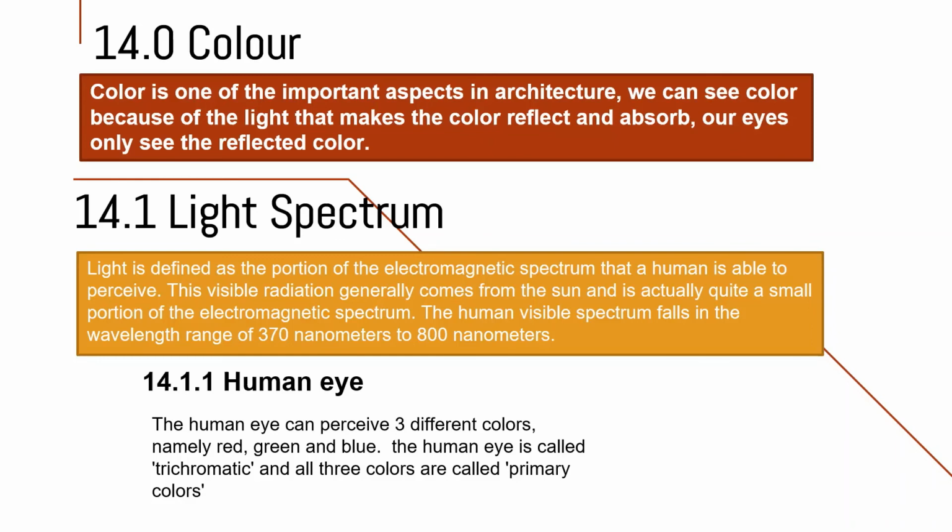The human visible spectrum falls in the wavelength range of 317 nanometers to 800 nanometers. Human eyes. The human eyes can perceive three different colors, namely red, green, and blue. The human eye is called trichromatic, and the three colors are called primary colors.